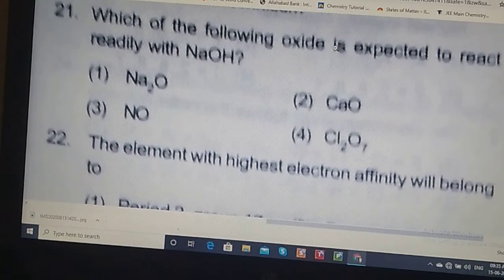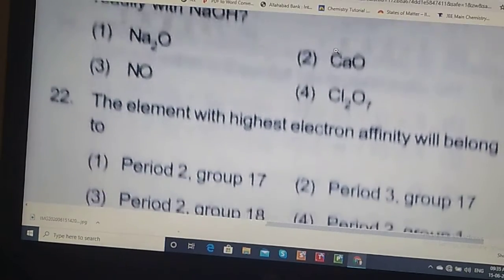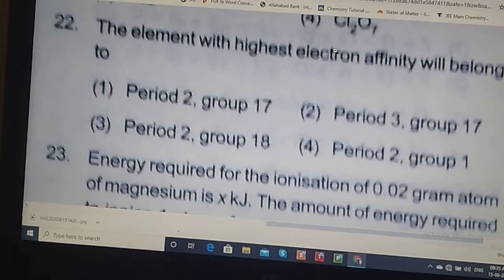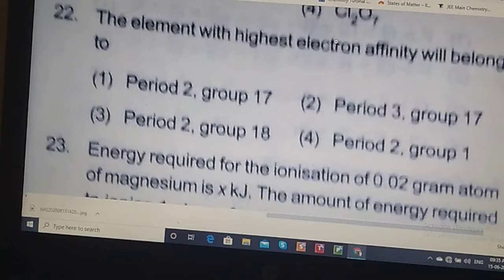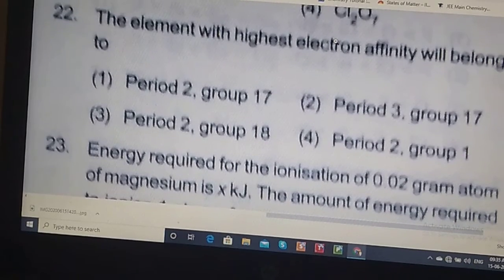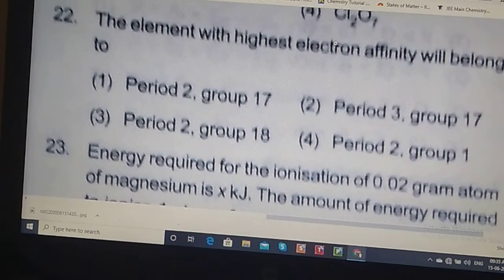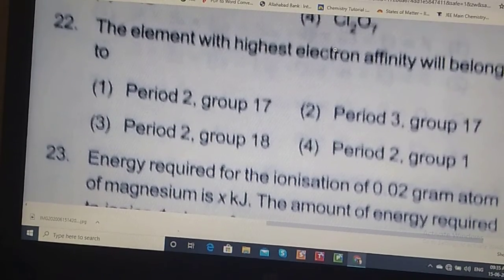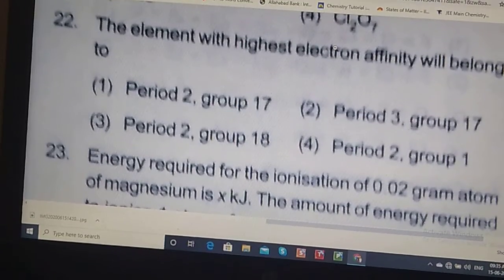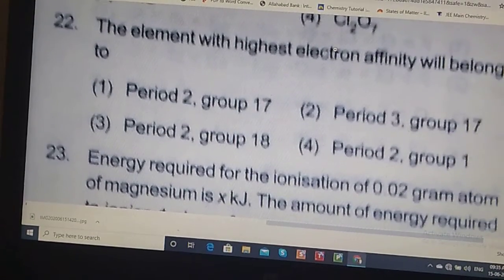Now student, let us move to question number 22. The element with the highest electron affinity belongs to group number 17 and period number 3. What is the element with the highest electron affinity, student? That is chlorine. Chlorine belongs to group number 17 and period number 3.